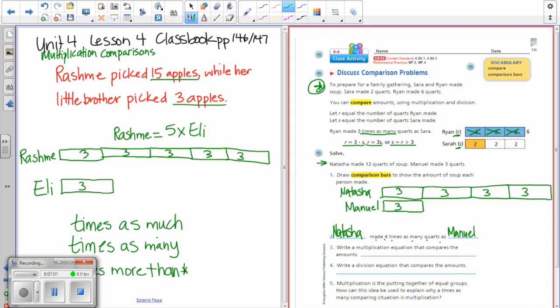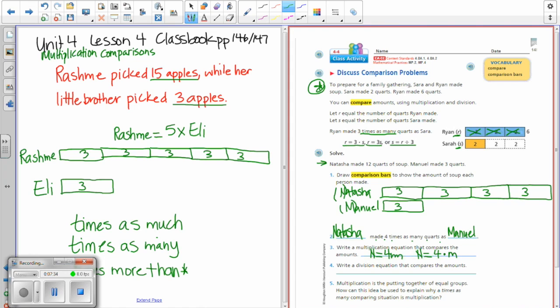If I was writing a multiplication equation that compares the amounts, I'm going to just use their first initials, M and N. I would write an equation that says N equals 4 times M, 4 times the amount of Manuel. You could also do N equals 4 dot M.